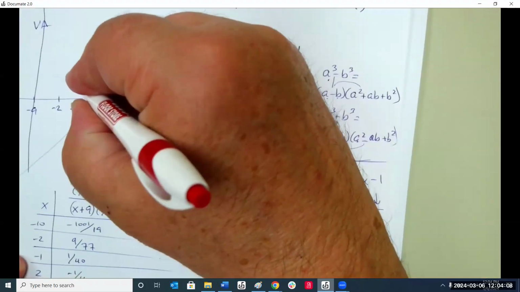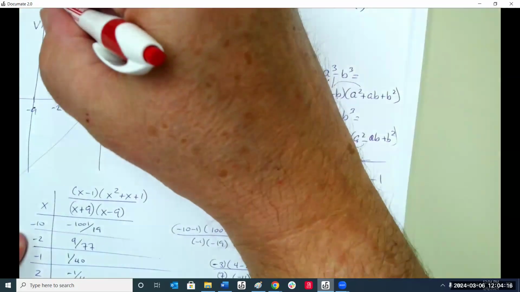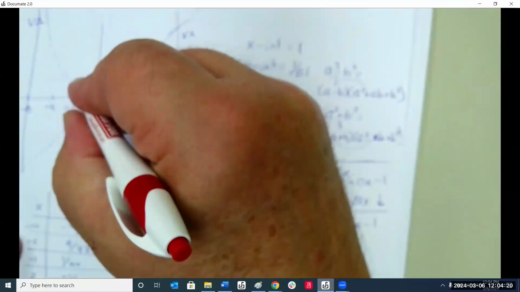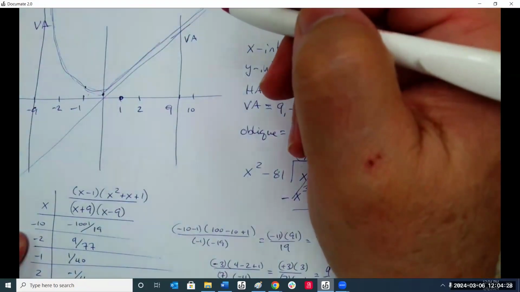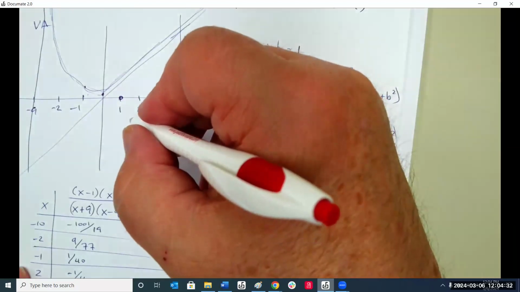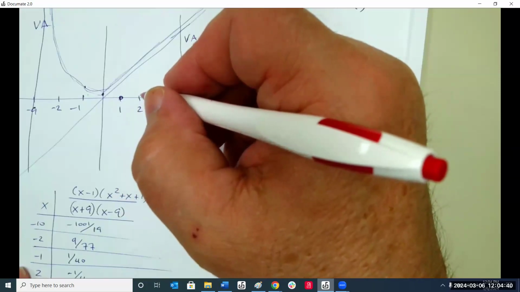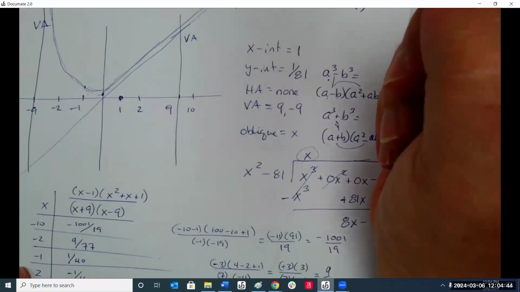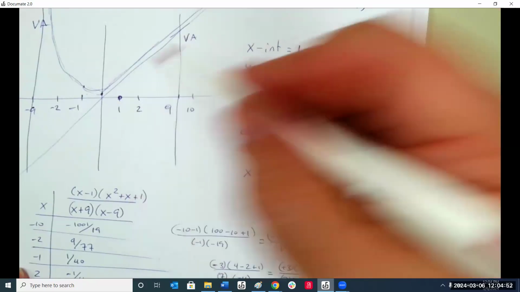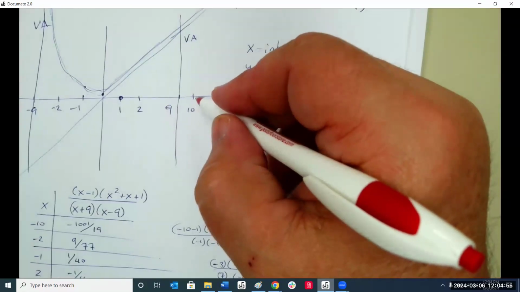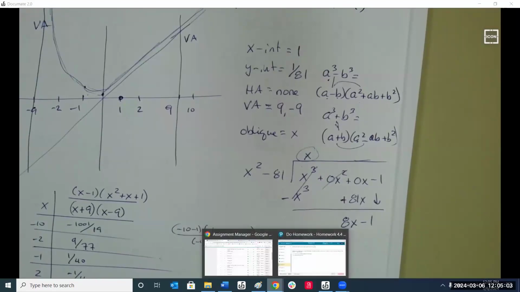So that's a little bit higher. It's interesting because there's this one that's bugging me.